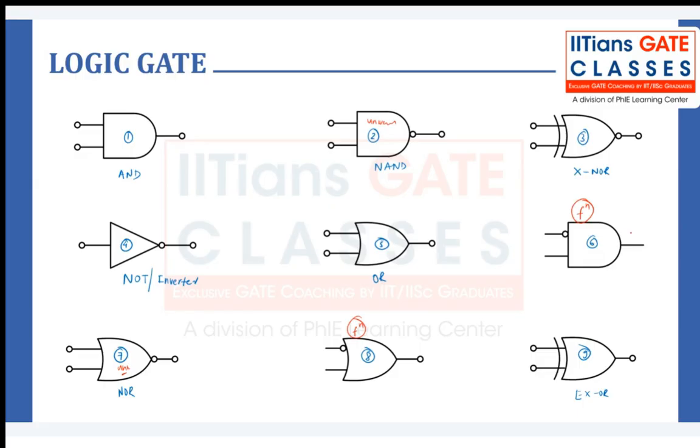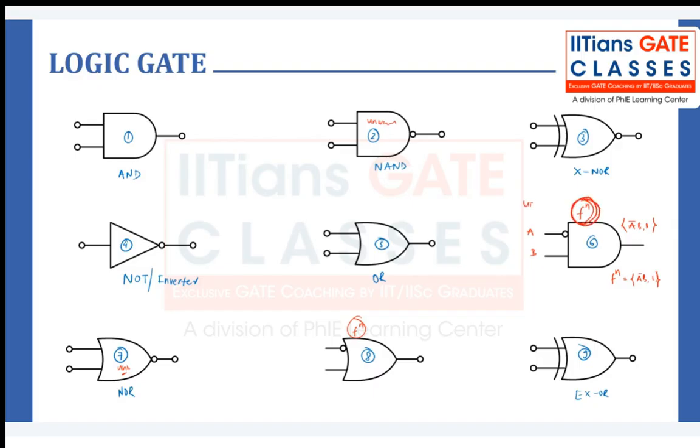Suppose this is your A and this is your B. The input will be A bar and B, so this will be A bar B comma 1. This is how we write the function: A bar B comma 1 means one of the inputs can be 1.